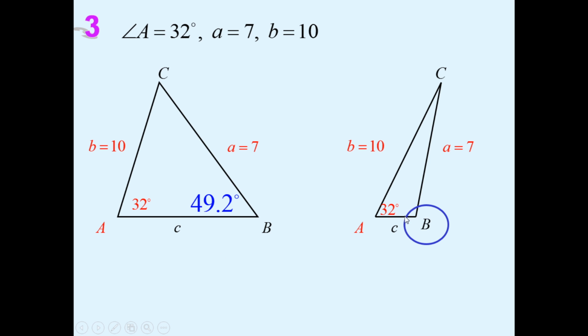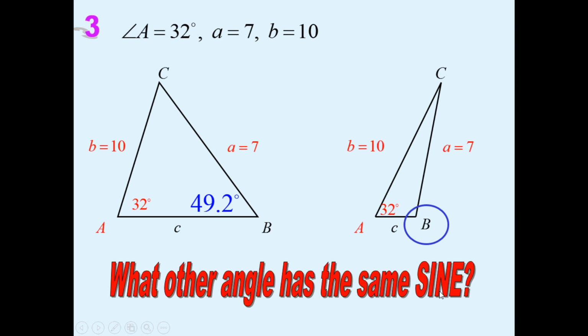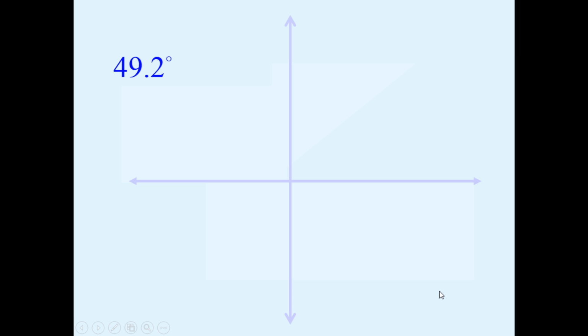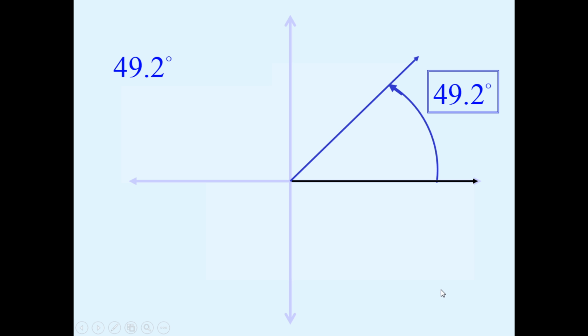And then what about for the obtuse angle? In order to find out the measure of angle B, the second solution for that obtuse angle, we're going to use the reference angle. Take a look at that. So 49.2 degrees, that's in quadrant 1. But now think about it this way. If that's obtuse, that means the angle is going to be in quadrant 2, because an obtuse angle, by definition, is always greater than 90 degrees but less than 180.